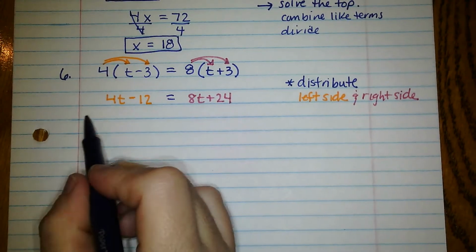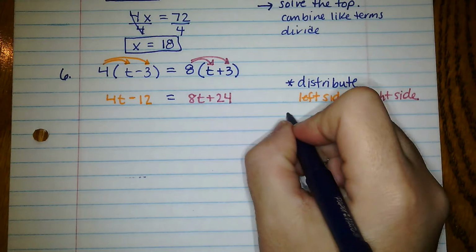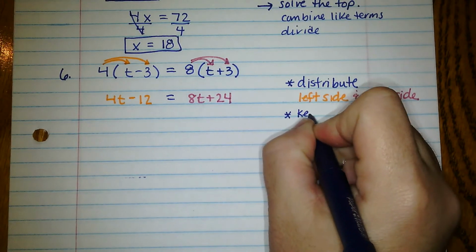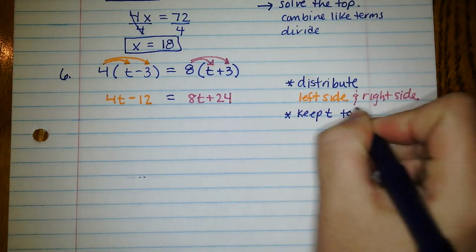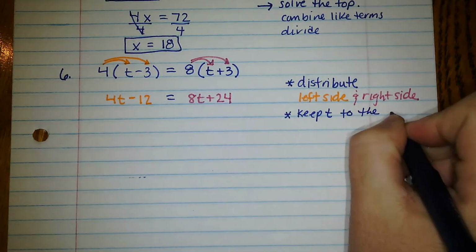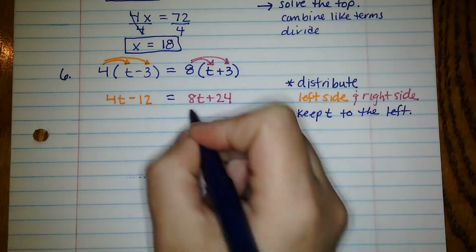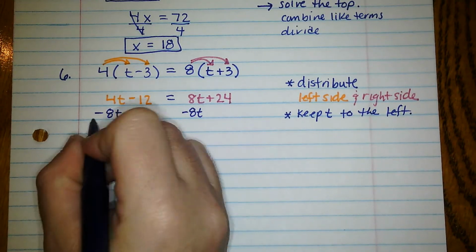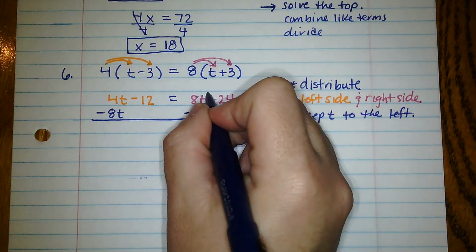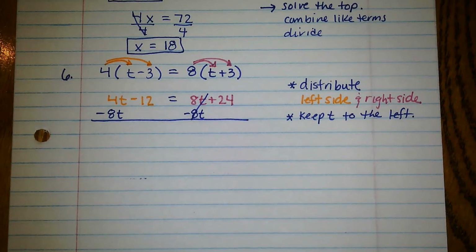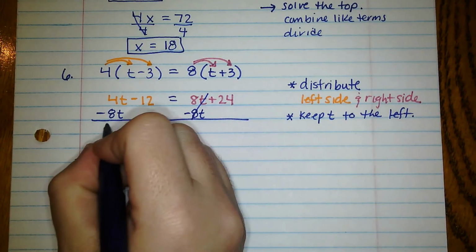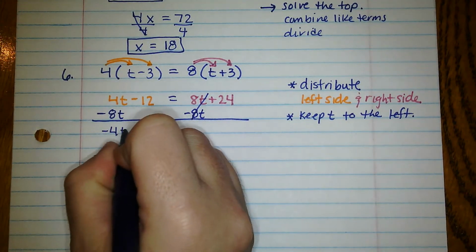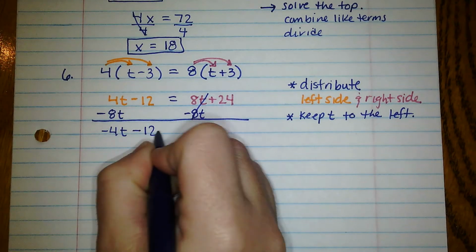After you distribute, you have variables on both sides. You want to keep your t to the left. So that means I'm going to subtract 8t on both sides of equals. We always want to try and keep our variable on the left. So 4 minus 8 is negative 4. Bring everything else down.